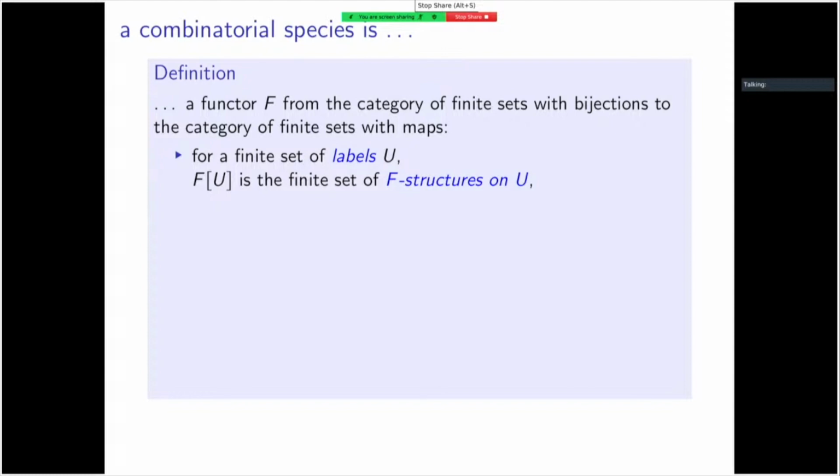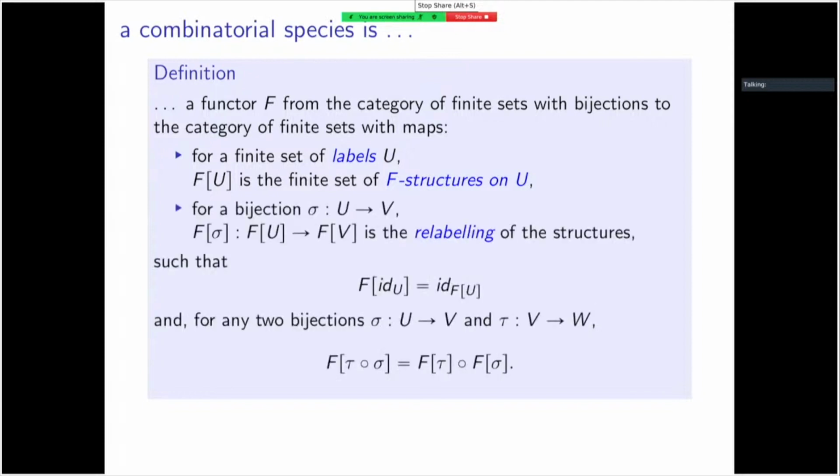Given a finite set of labels U, F square brackets U is the finite set of F structures on U. And for a bijection sigma from some finite set U to some other finite set V, F square bracket sigma from F of U to F of V is the relabeling of structures.